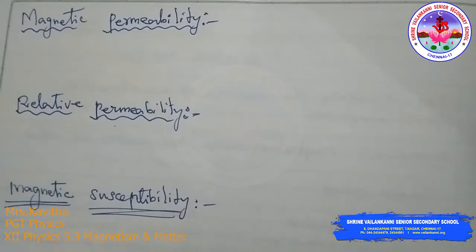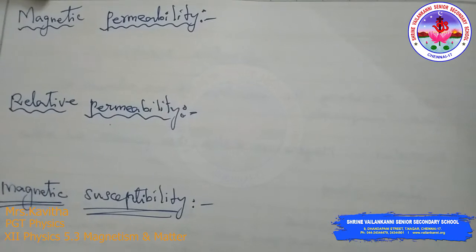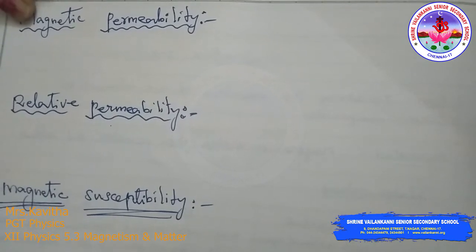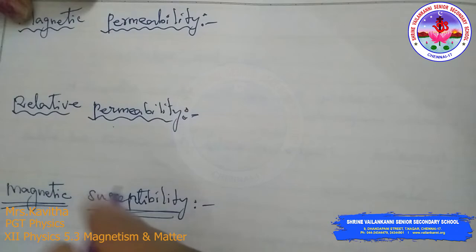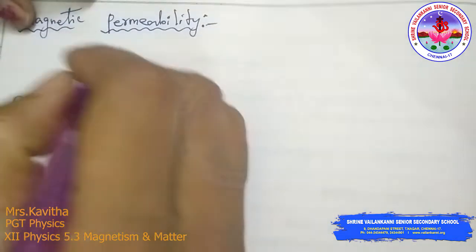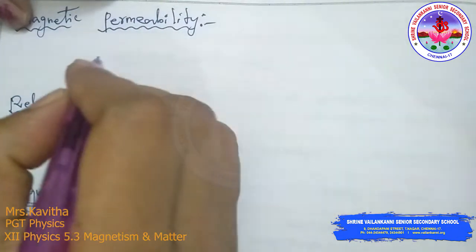Magnetic permeability, that is mu. The magnetic permeability is defined as the ratio of magnetic induction to the magnetic intensity.